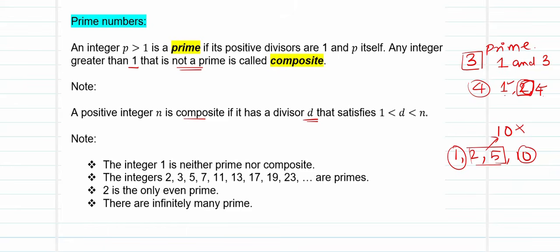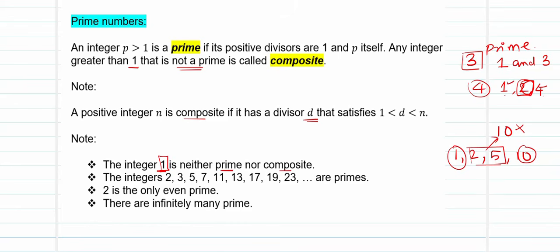There are certain points to be noted. The integer 1 is neither prime nor composite, as by the definition itself we start the values from greater than 1. As we go on, we find the primes of the integer set to be 2, 3, 5, 7, 11, 13, 17, 19, 23 and so on.